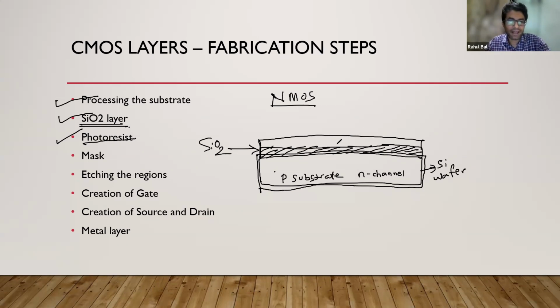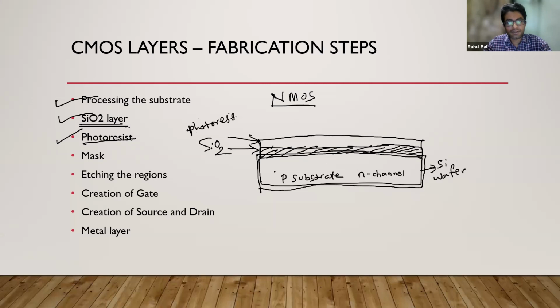It should not affect the functionality. That is our main purpose. So the photoresist layer is used to protect your circuit and to pass only a particular amount of light, that is UV light, ultraviolet light. So the third layer is photoresist.